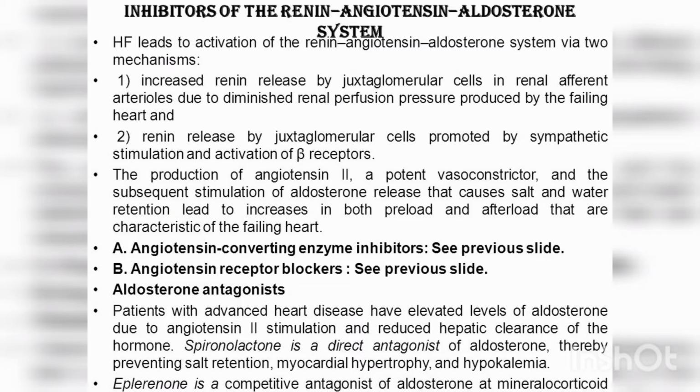The production of angiotensin II, a potent vasoconstrictor, and the subsequent stimulation of aldosterone release that causes salt and water retention led to increases in both preload and afterload that are characteristic of the failing heart.